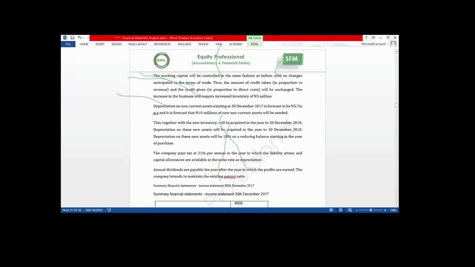This, together with the inventory, will be acquired in 2018. Depreciation on the new assets is 18% on reducing balance basis, starting in the year of purchase.